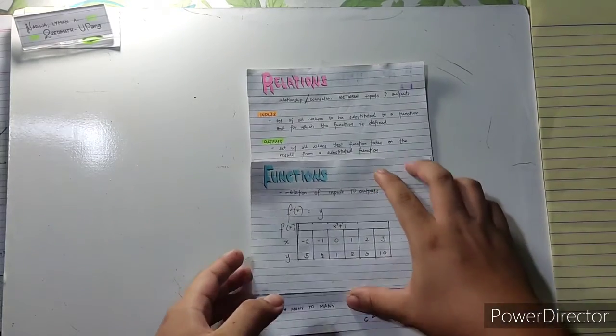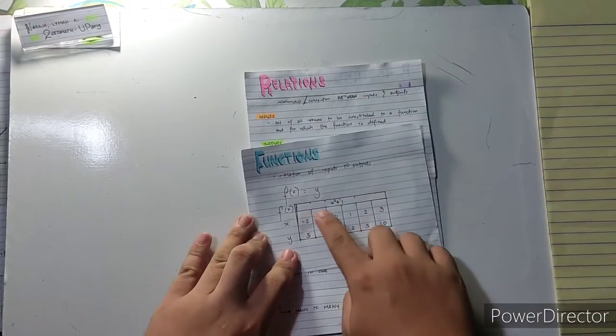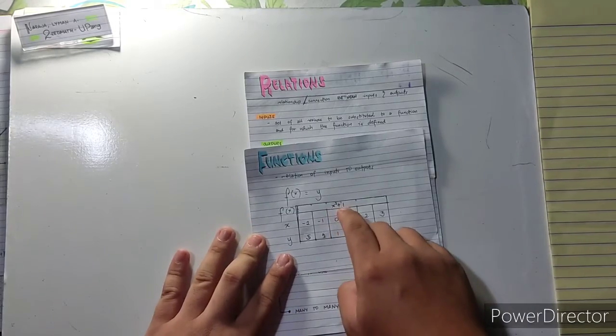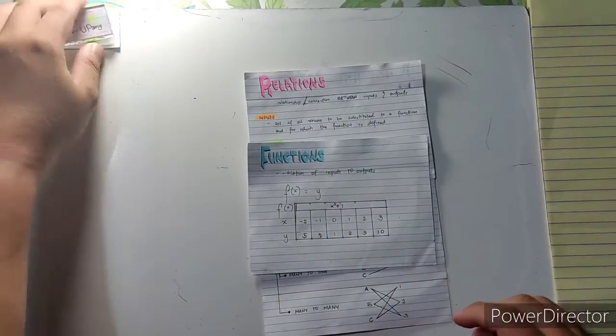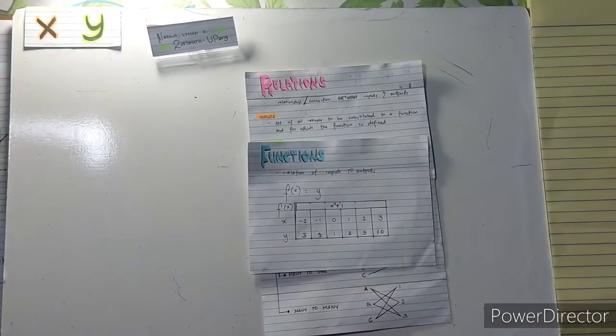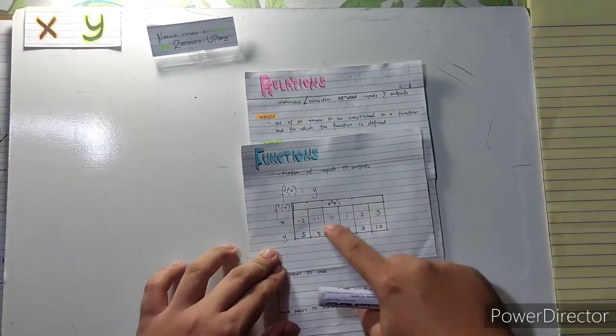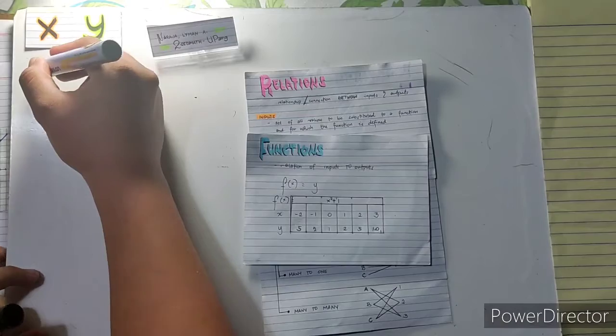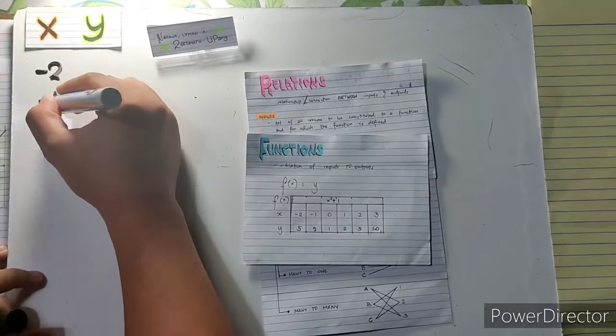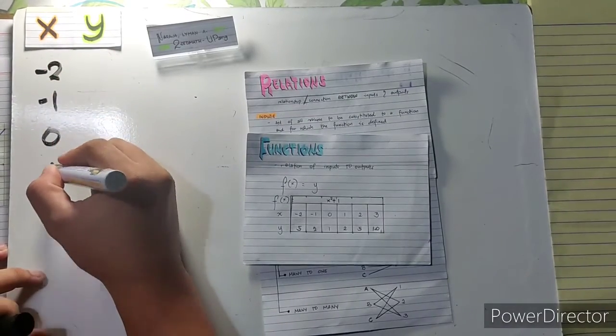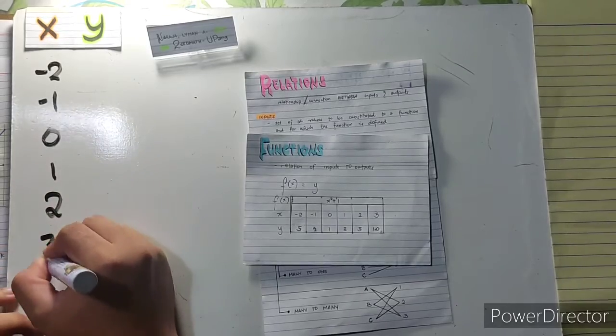As an example, we have here the function f(x) = x² + 1. We will be using a sign table in here. So the given inputs are -2, -1, 0, 1, 2, and 3.